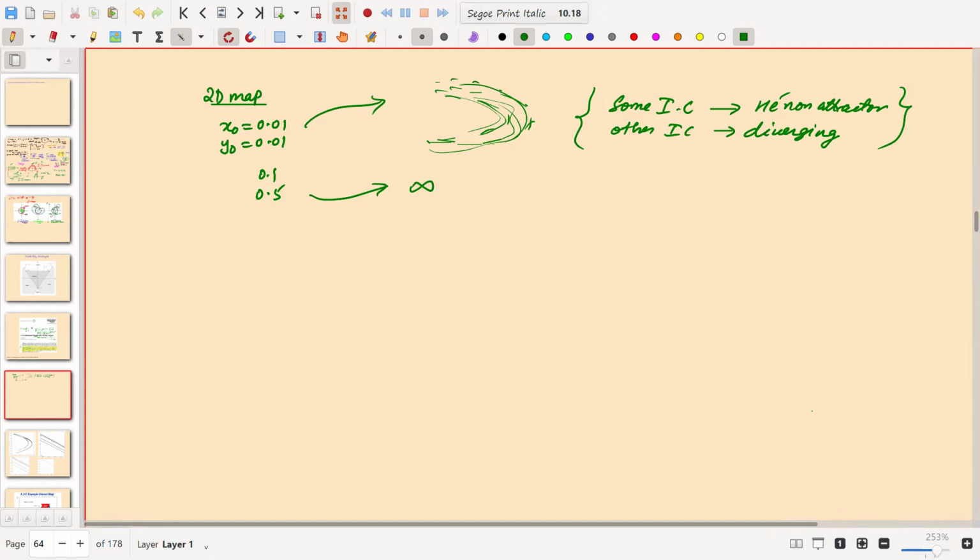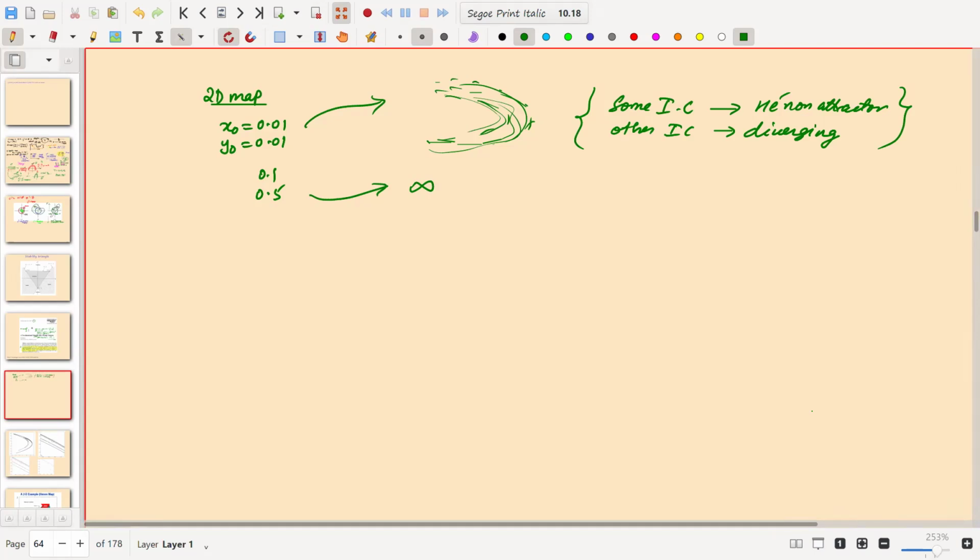This motivates us to ask the question: which initial conditions lead us to the attractor and which initial conditions make it divergent? You understood? As you saw, some initial conditions lead to that attractor, some other initial conditions go to infinity. When you are not getting a plot, the values are going to infinity.